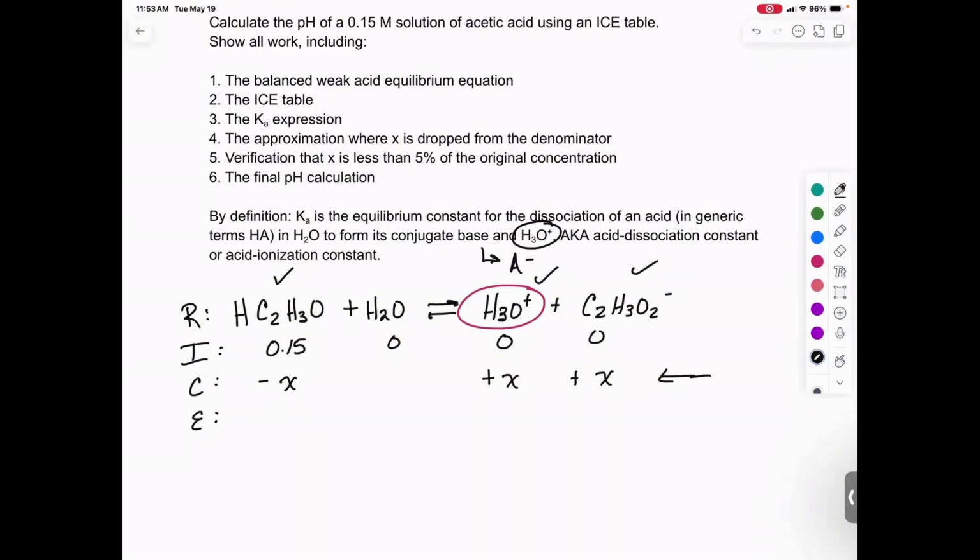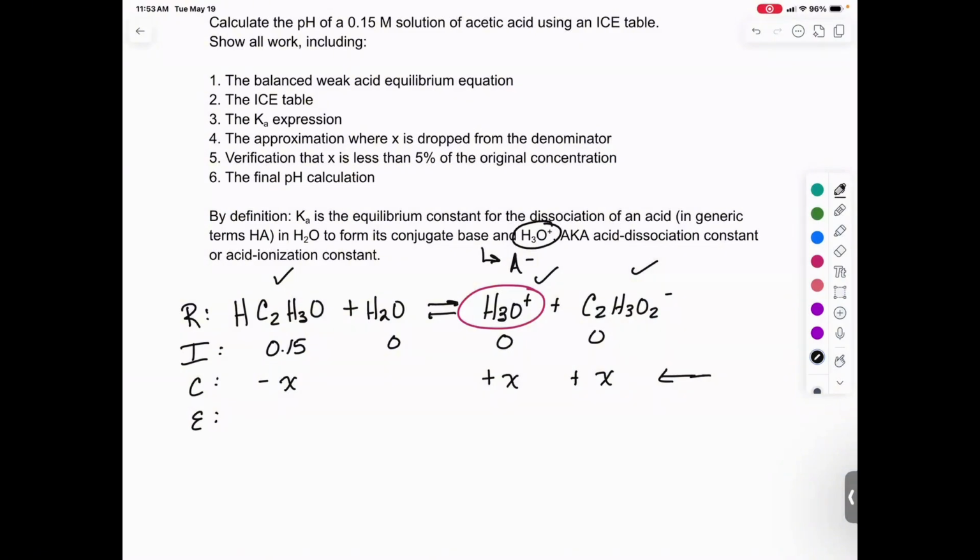Now we have our change. So we've said, okay, we know we have to account for our acetic acid dissociating to some extent. We don't know, it's a mystery. We'll find that out using the Ka, our acid ionization constant. In the end, we'll have equilibrium, and that's sort of our final state.